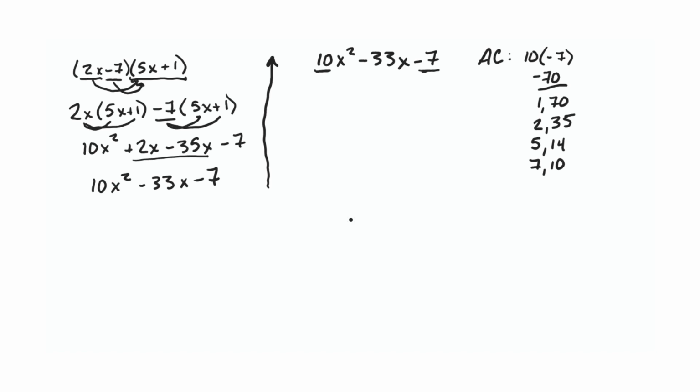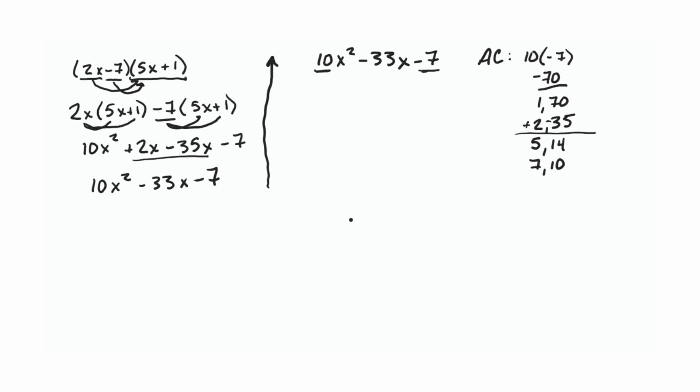So we are going to look at the pairs of numbers that subtract to get a negative 33. Looking at these, which of these can I subtract in order to get a negative 33? Well, 2 and 35 will subtract. And moreover, in order for it to become a negative 33, that means my 35 has to be negative and my 2 has to be positive.